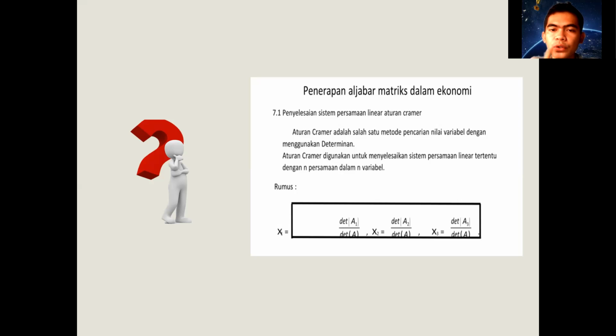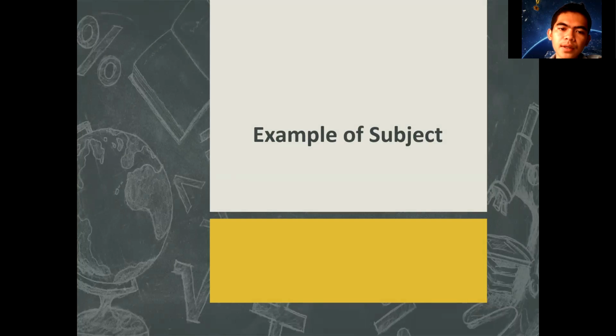And we can use Cramer's rule to get all the variables like x, y, and z together. So this is the advantage of using Cramer's rule. I want to go directly to the example.